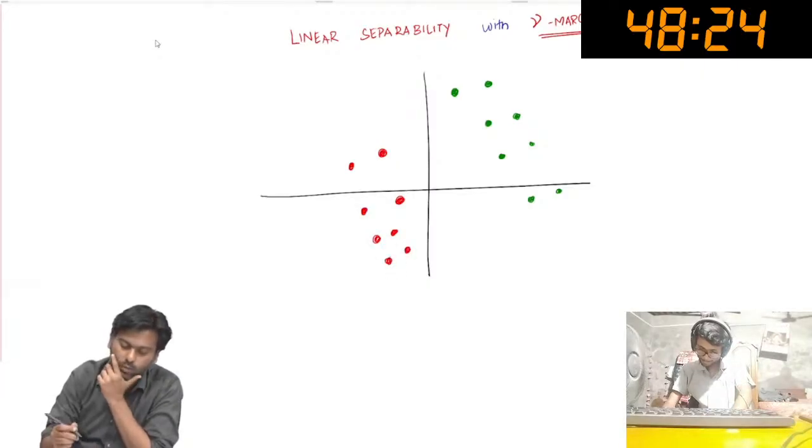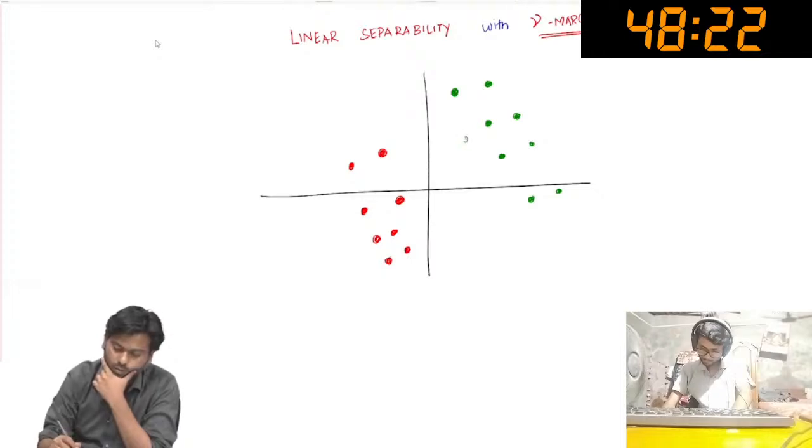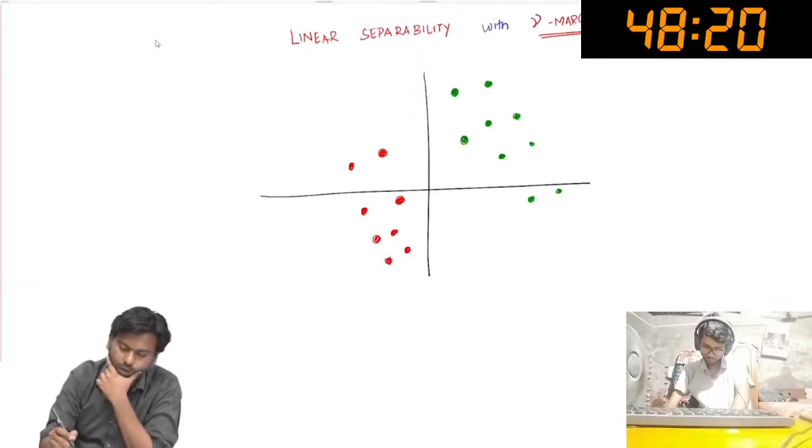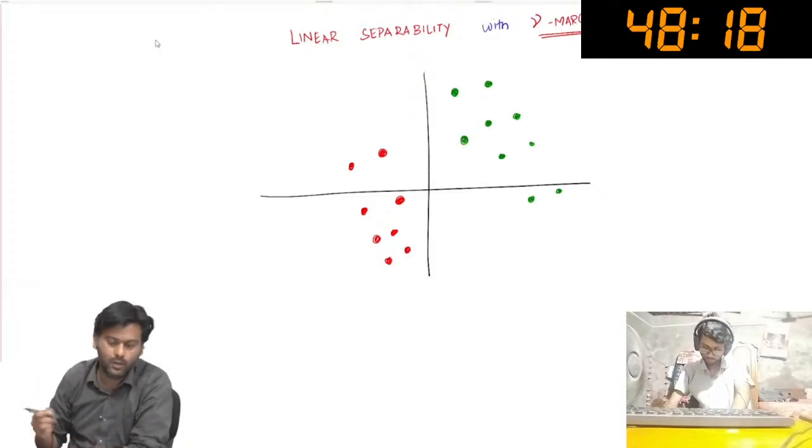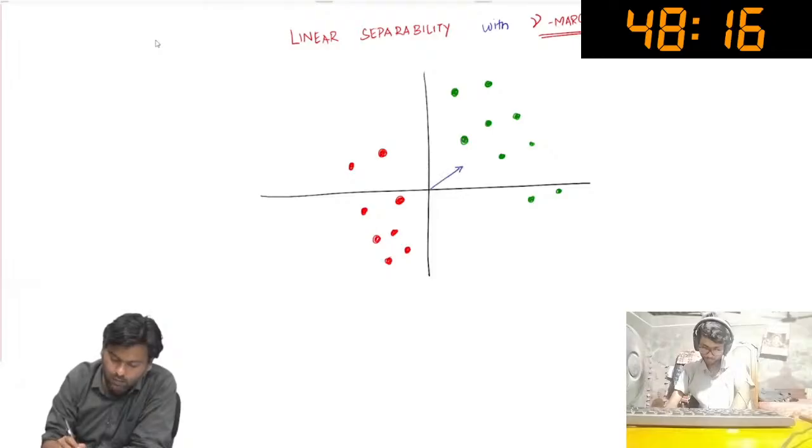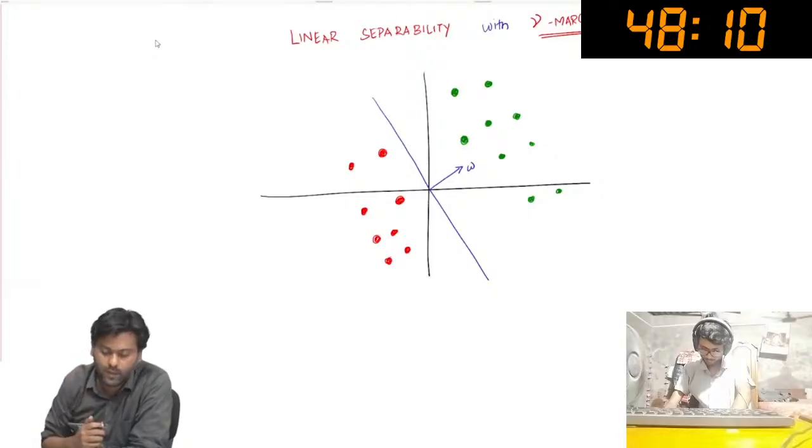And this is a linearly separable data set obviously, because I can draw a W like this such that this line separates the positives from the negatives.